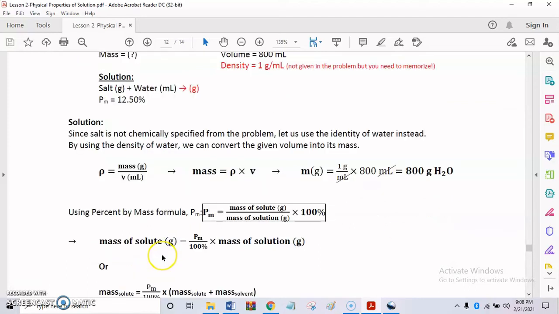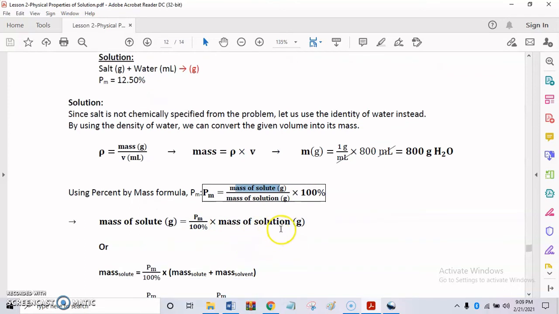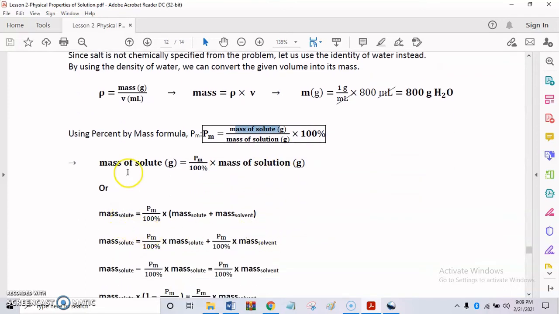So, using the percent by mass formula, you can get the mass of solute by interchanging this formula. So mass of solute will now become percent by mass over 100% times mass of solution. The mass of solution is a combination of mass of solute and mass of solvent.